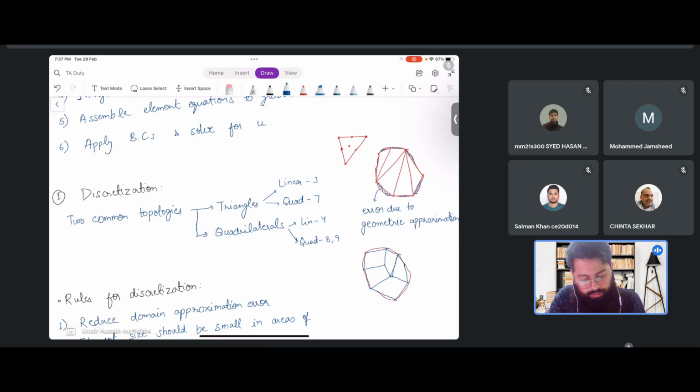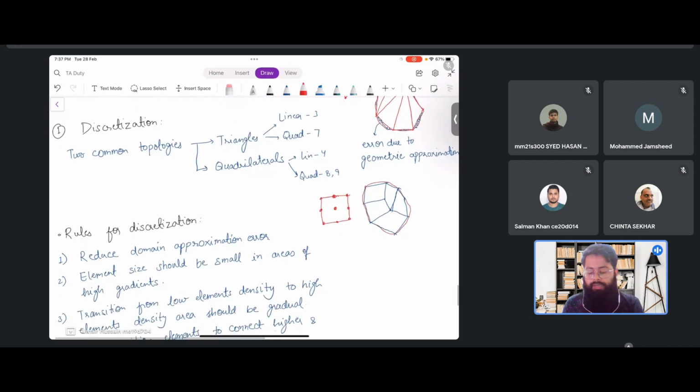Again, like a triangular element, in simple quadrilateral we can have linear approximation. We have just 4 nodes around, or if you want to have quadratic approximation, we can have 8 nodes or even 9 nodes with one at the center. That's how we can approximate using triangular elements as well as quadrilateral elements.